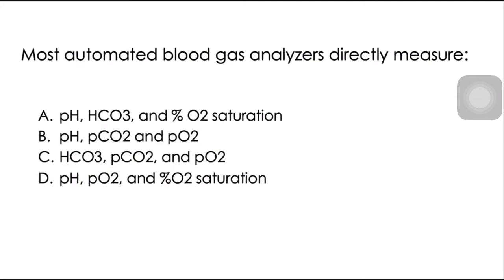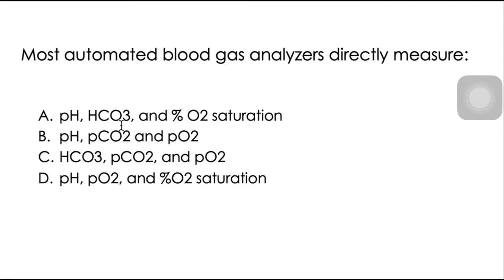Okay. Next, most automated blood gas analyzers directly measure. So again, most automated blood gas analyzers directly measure. So we are measuring nga po yung pH, we are measuring yung PCO2, at saka we are measuring your PO2. Okay, yung bicarbonate po, we are computing bicarbonate by multiplying PCO2 times 0.03. Okay? Using yung ating Henderson-Hasselbalch equation. Okay, di ba?